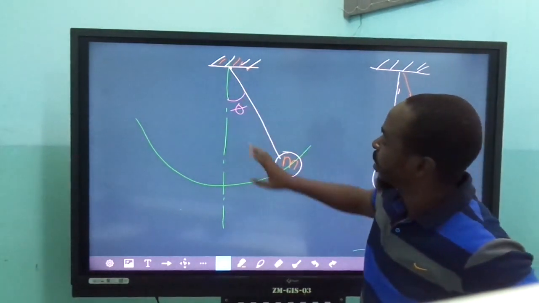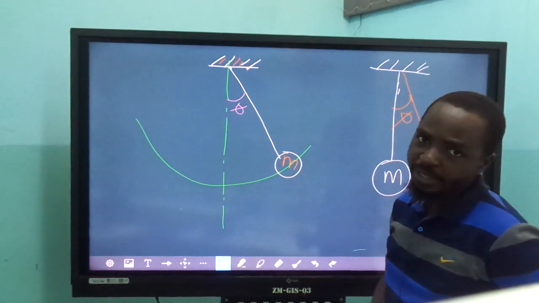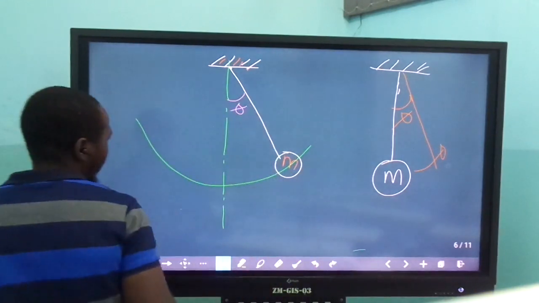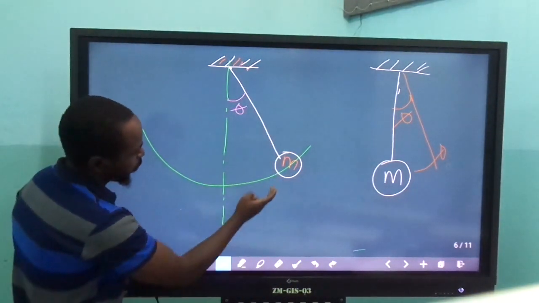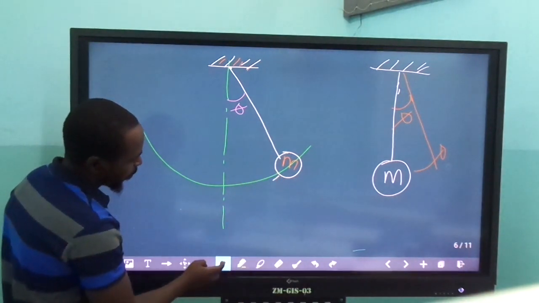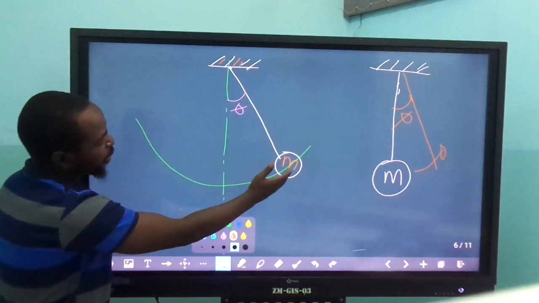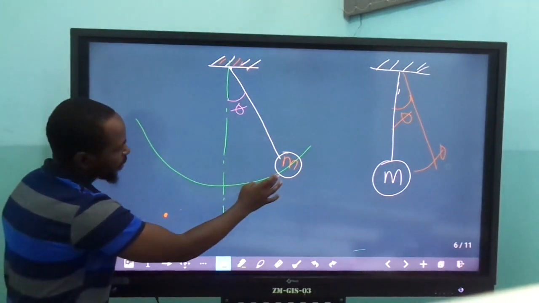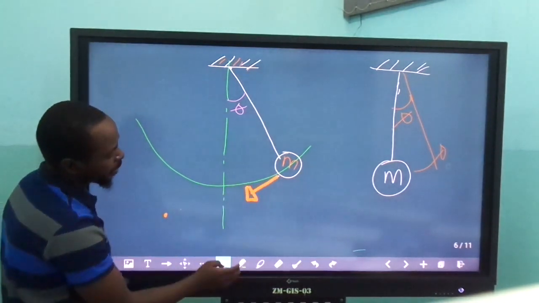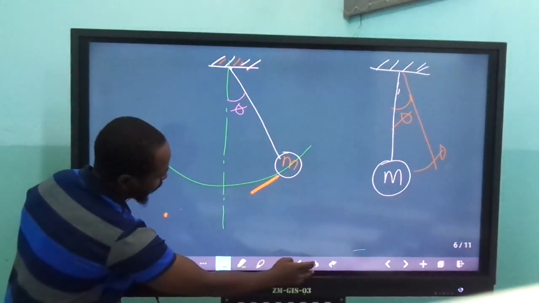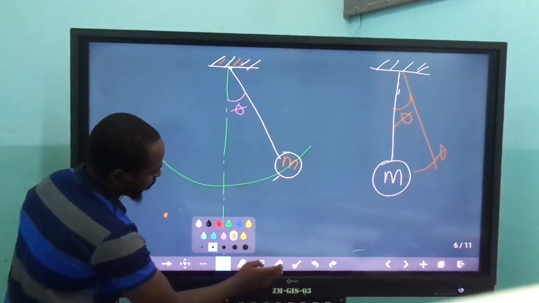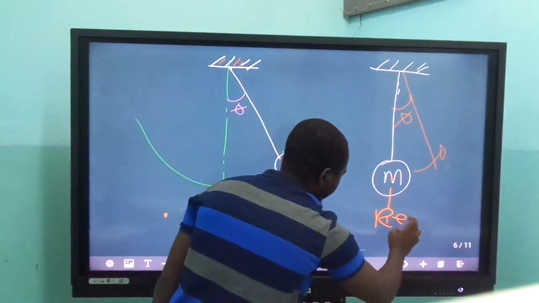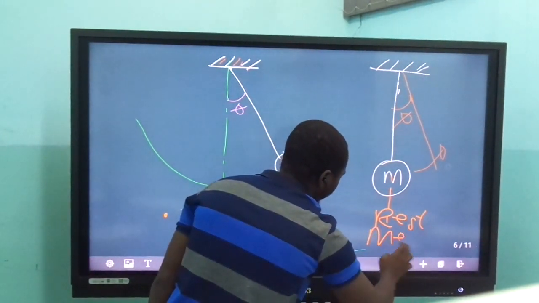After displacing it by this angle, let us leave it. When we let it go, because of the potential energy it acquires when displaced, this mass is going to try to move back to its rest position. This is the rest or mean position.